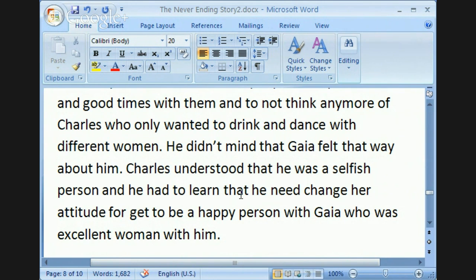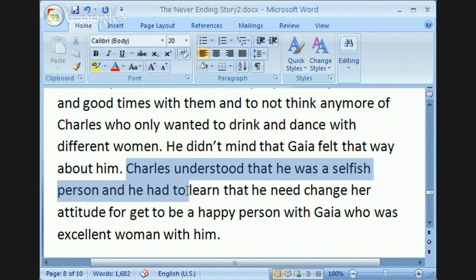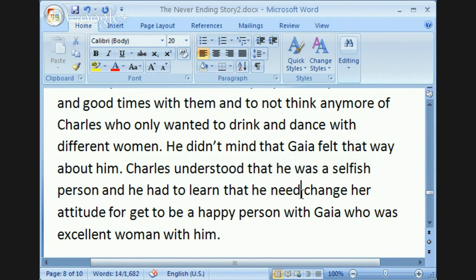Okay, and he had to learn that he needed to change her attitude or his attitude. Her behavior, her actions. His or hers? His. Charles? That's what I thought.